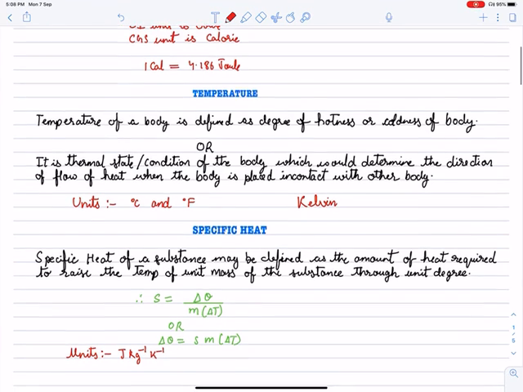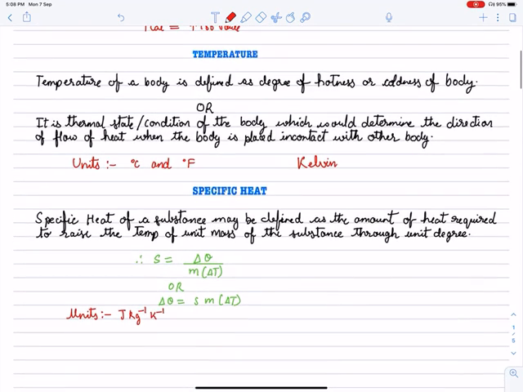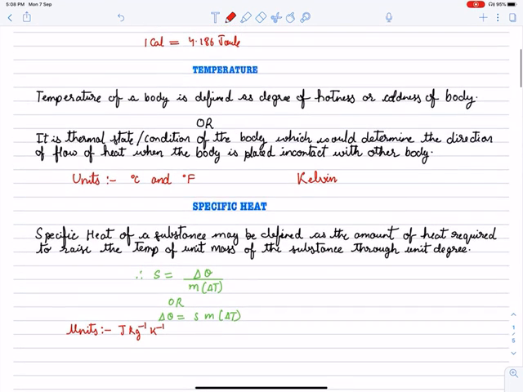Now going to calorimetry, first we will describe the definition of specific heat. Specific heat of a substance may be defined as the amount of heat required to raise the temperature of unit mass of substance through unit degree.